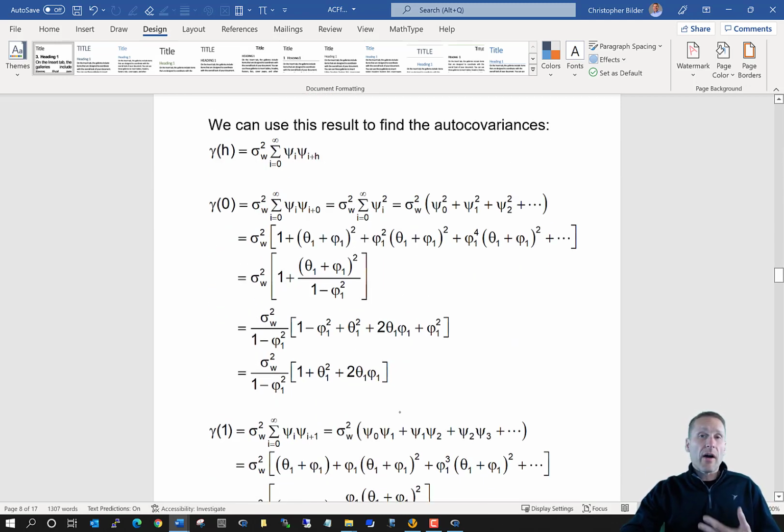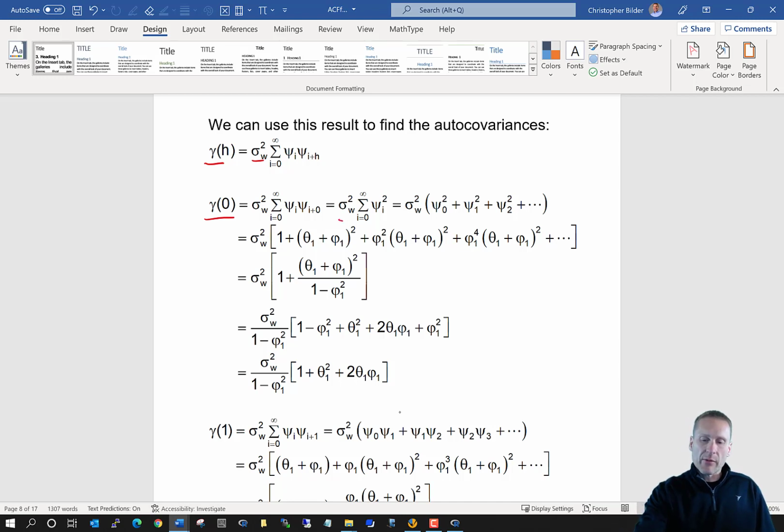So to find the corresponding autocovariances, I can rewrite my autocovariance function as sigma squared times the sum from i equals 0 to infinity of psi i times psi i plus h, using a result that we've had previously. For gamma 0, just plug in h equals 0.